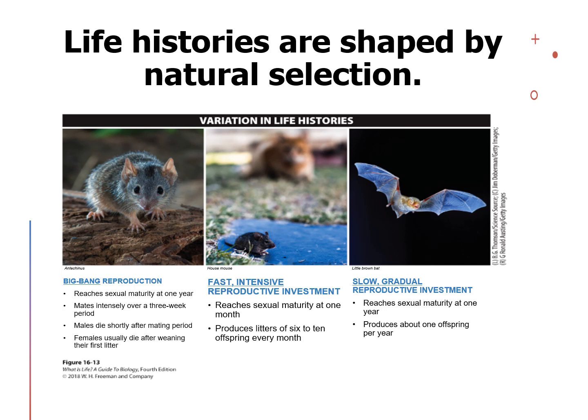The next is fast intensive reproductive investment, and the example we have here is the common house mouse. They reach sexual maturity at just 1 month, that's right, 30 days of age, and they produce litters of 6 to 10 offspring every month after that first month. But their life expectancy is roughly a year or two, if that.